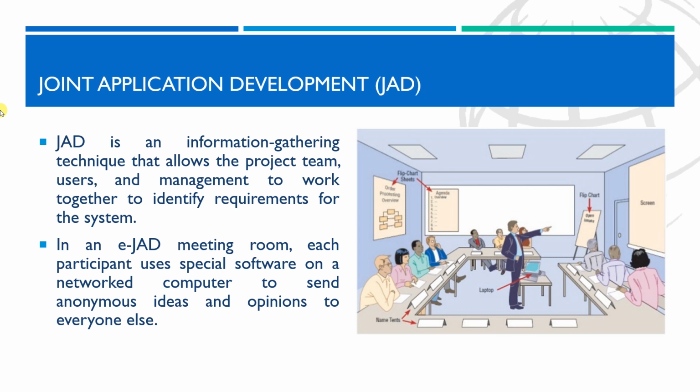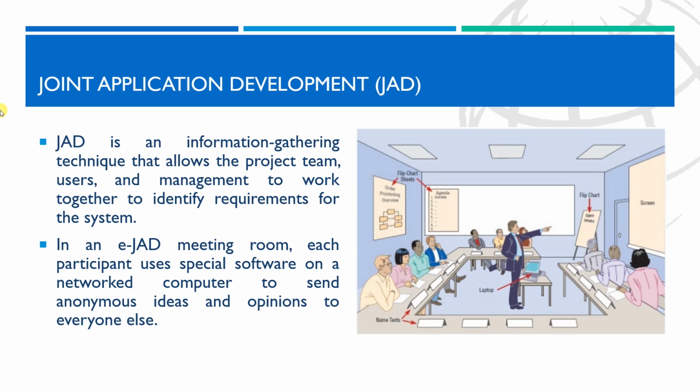But there is a new form of JAD called electronic JAD, or e-JAD, that attempts to overcome these problems by using groupware. In the electronic JAD meeting room, each participant uses special software on a networked computer to send anonymous ideas and opinions to everyone else.